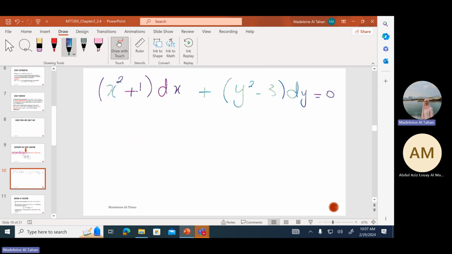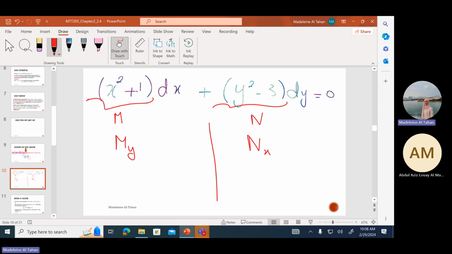It's y prime, fine. So you will get y prime, right? So, okay, what's m? M is before dx, right? And n is before what? dy, perfect. So, for m, find the derivative with respect to y, and for n, find the derivative with respect to x.